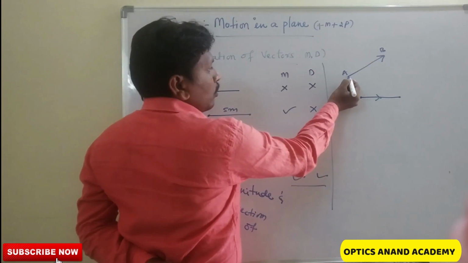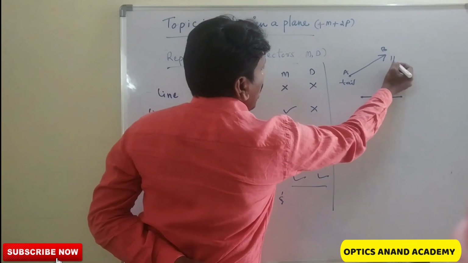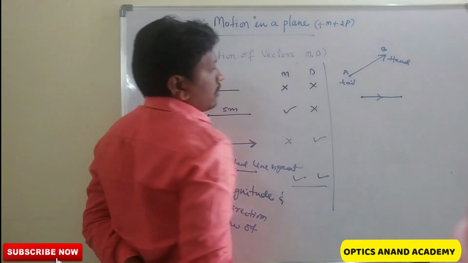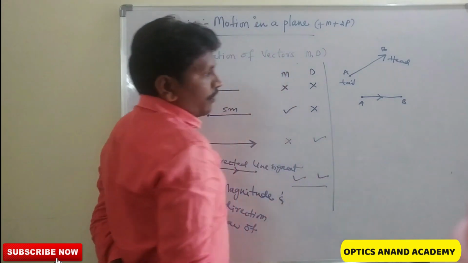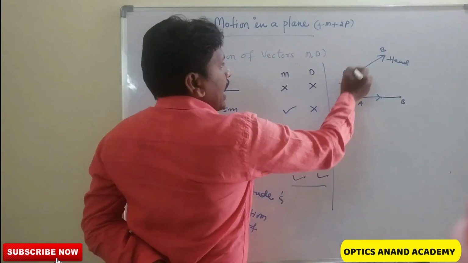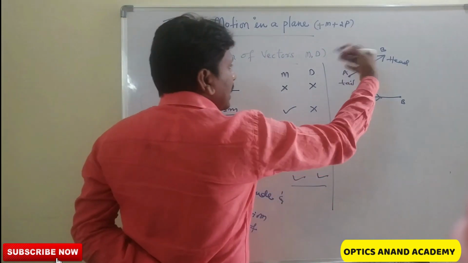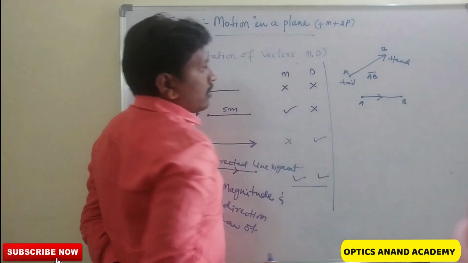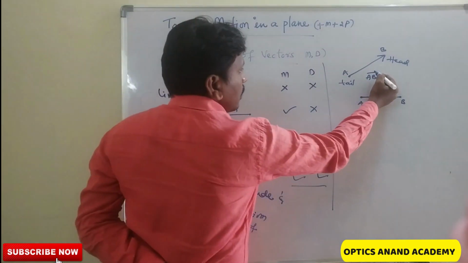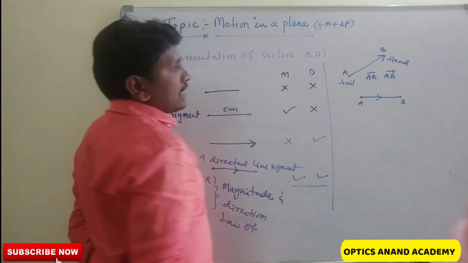So this is the representation of vectors. This initial point is known as the tail of the vector, and this is the head of the vector. This is A and B. So AB is a vector, and that can be simply written as AB bar, or we can write it as AB with an arrow, like this.